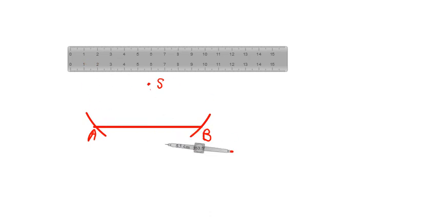So first we will keep it on point A and then we will draw an arc, an arc big enough to intersect. So like this. Then again now we will keep it at point B over here and we turn it back like this and again we draw an arc.